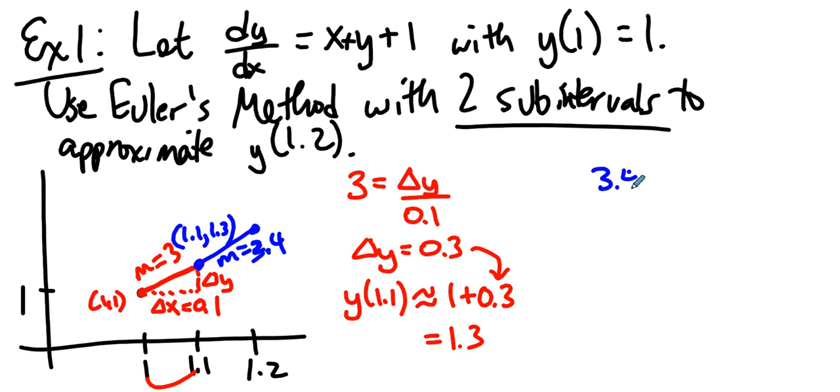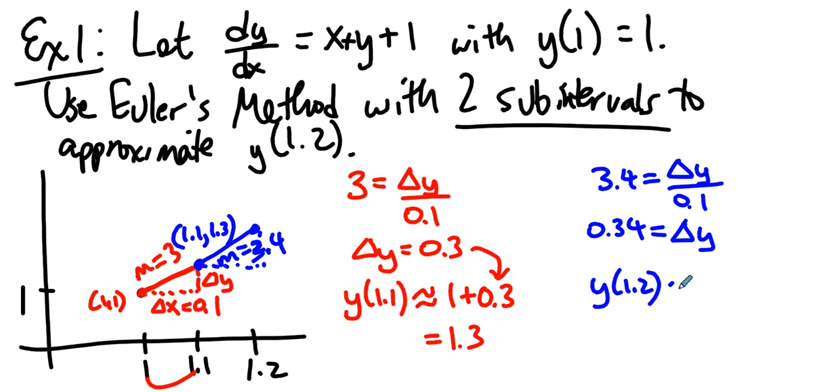And that slope is a change in y over a change in x, which means that the change in y on the blue slope triangle is 0.34, which means that the y value at 1.2 is approximately the previous y value plus the change in y.